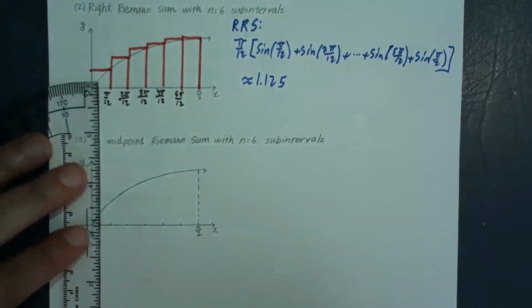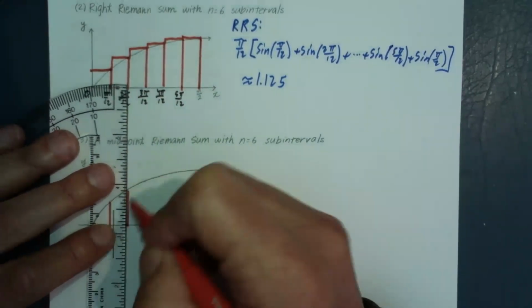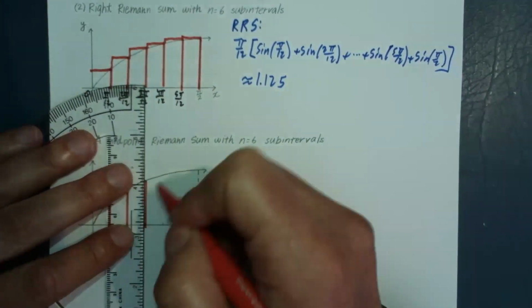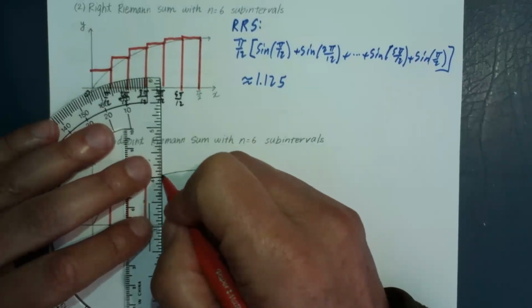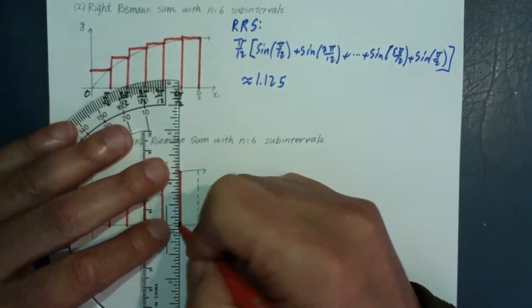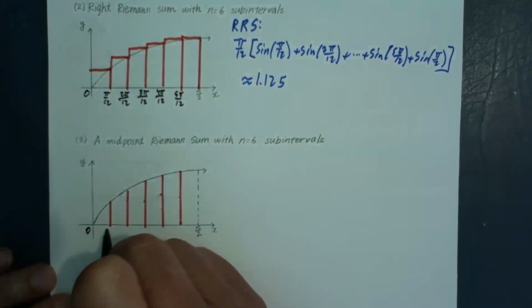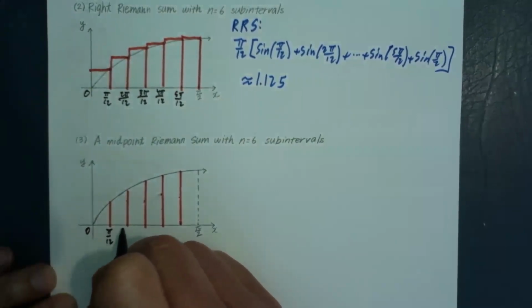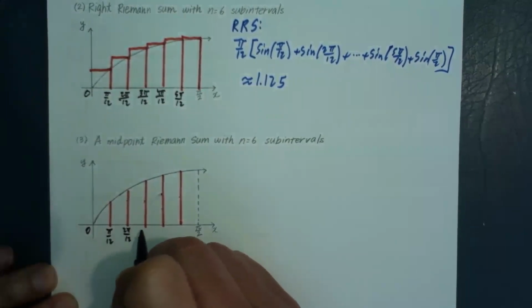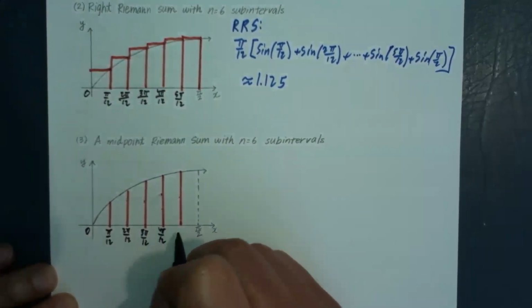So we're going to split this up with our same node points here. So we have, once again, 0, pi over 12, 2 pi over 12, 3 pi over 12, 4 pi over 12, 5 pi over 12.